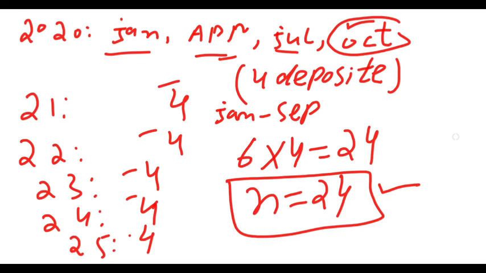Because he asks us to calculate the accumulated amount in the account on 1st January 2026, we have to work out that 1 extra quarter. So we need to compound that 1 quarter at the end.